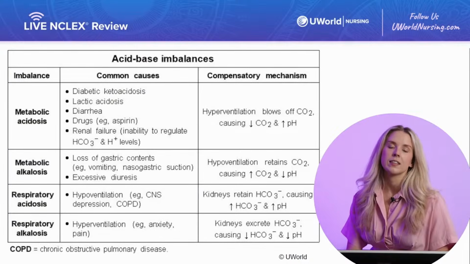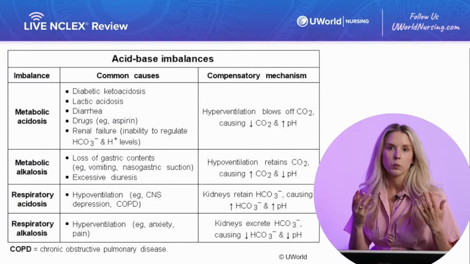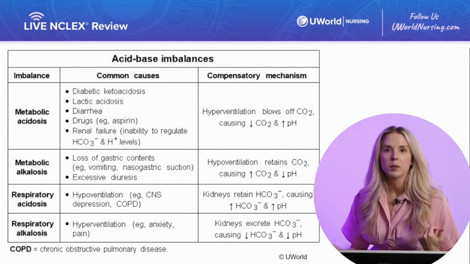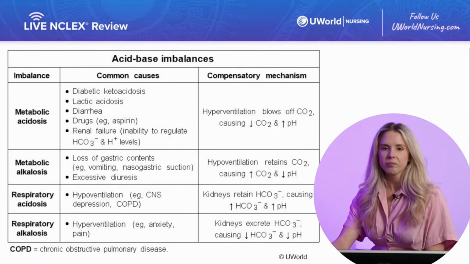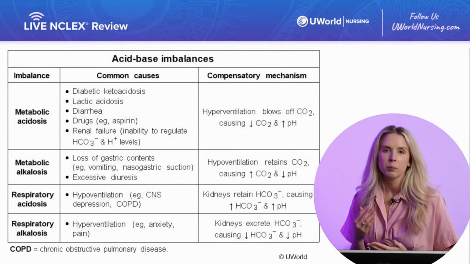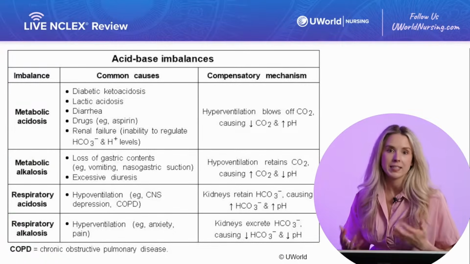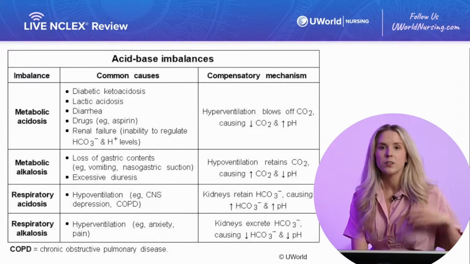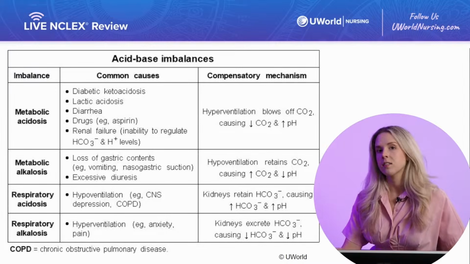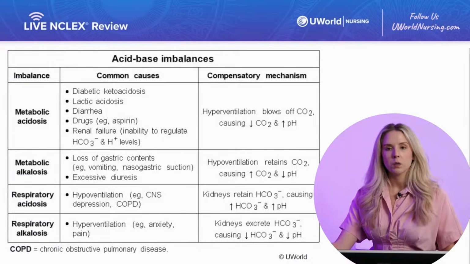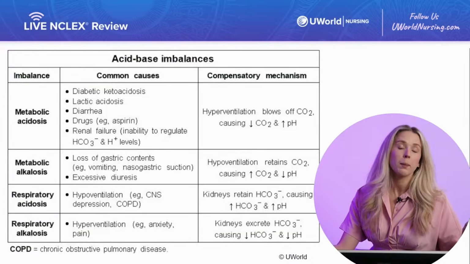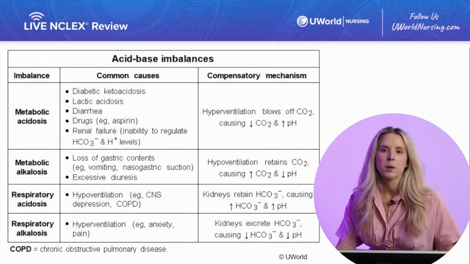The good news is that the NCLEX now gives you our normal reference ranges, so there's less memorization work on y'all's side. So a little bit about the general principles about these imbalances before we dive in. Acidosis, again, is too much acid or a loss of too much bicarb, and alkalosis is too much bicarb or base and a loss of too much acid.